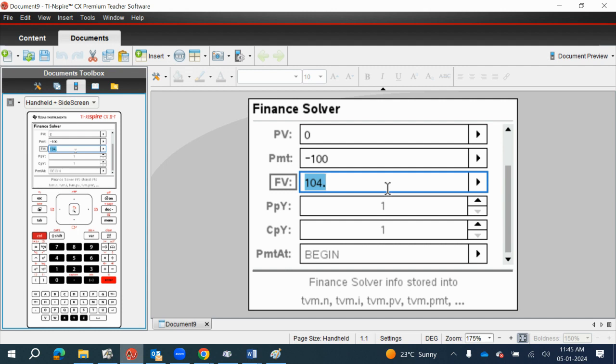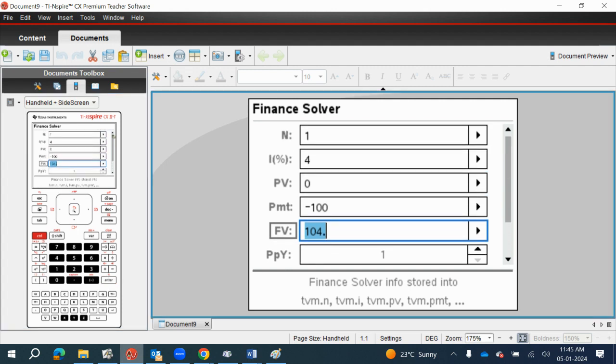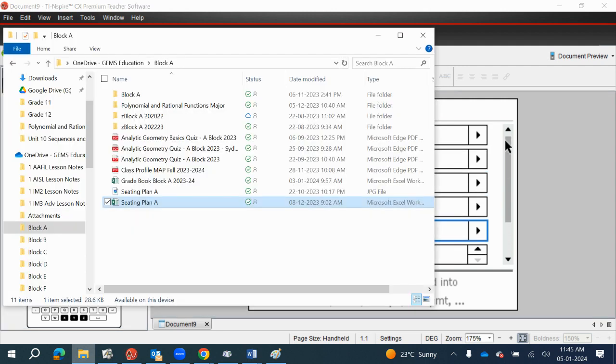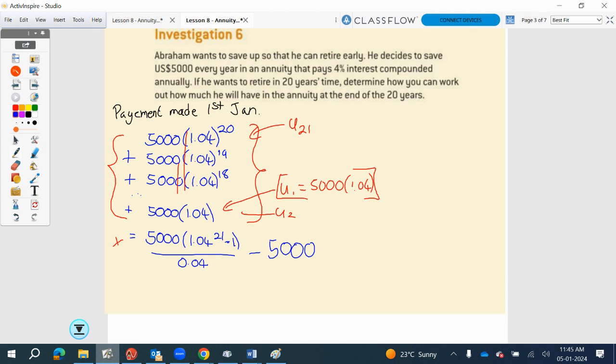Okay. So for that last problem we were just working with, let's see if we can solve it now. We're putting in 5,000, 4% interest, 20 years, and we're putting it in at the beginning of every year.